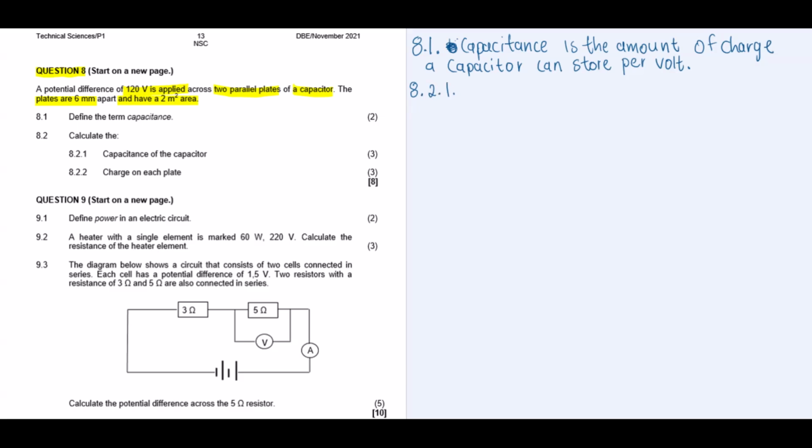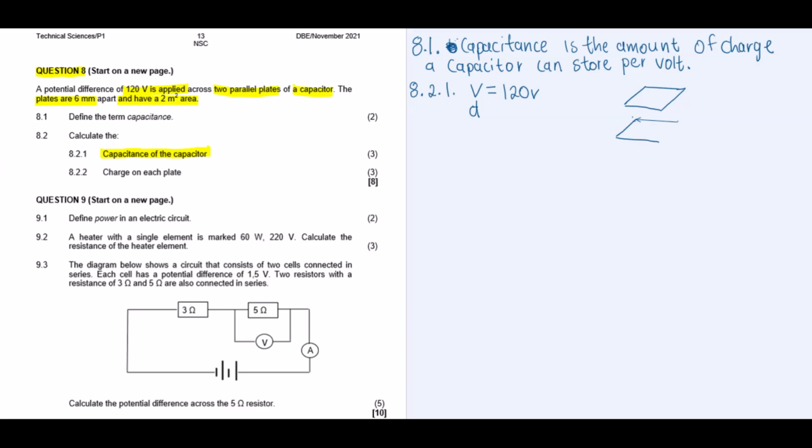So 8.2.1, calculate the capacitance of the capacitor, right? We have the applied potential difference, which is the voltage, V, which is 120 volts. If we draw this capacitor, we have one plate here and another plate there.